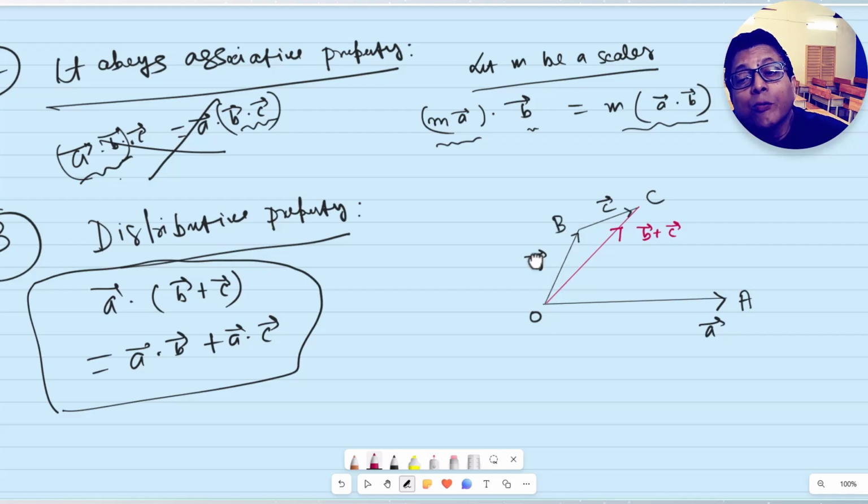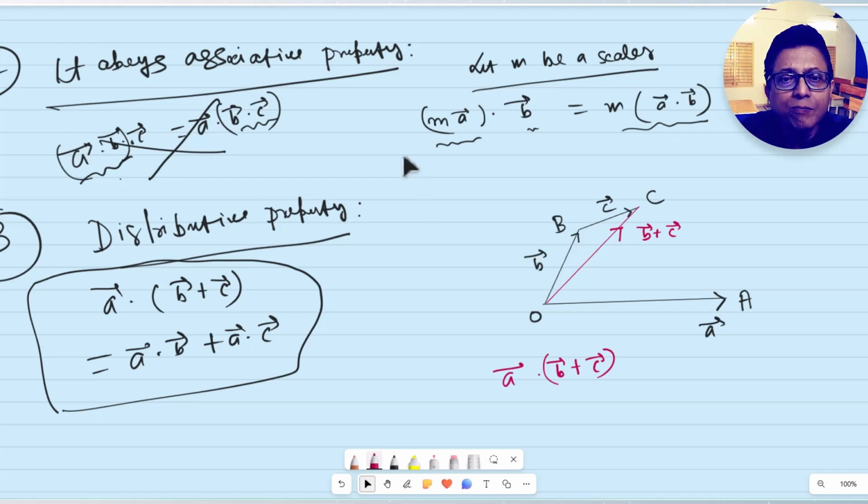So if you want to find A dot B plus C, this is what? This we can say is the projection of B plus C vector on A.